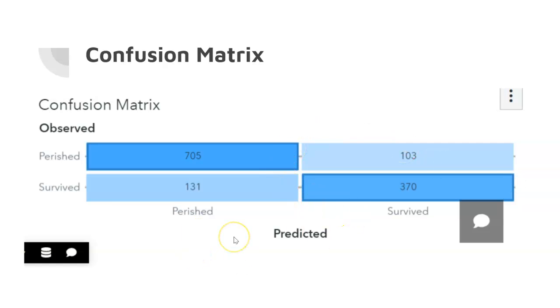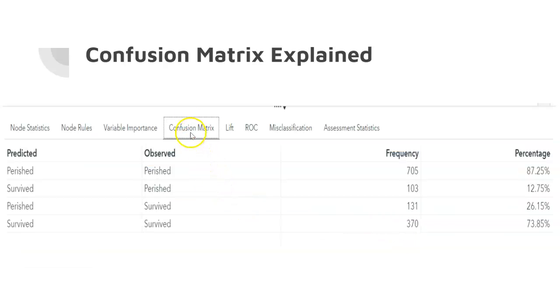So here is the confusion matrix enlarged, and to get a better understanding of it, we can expand and look at the details of the confusion matrix. So here we see that when it was predicted that they would perish, and it was also observed that they would perish, it was 87.25% correct.